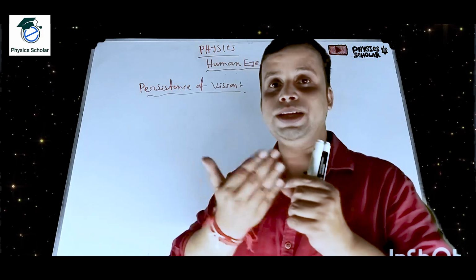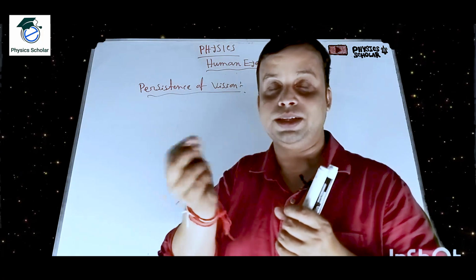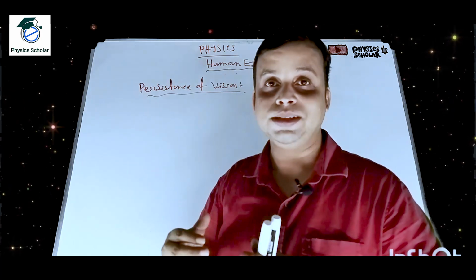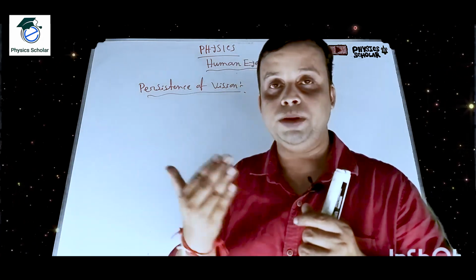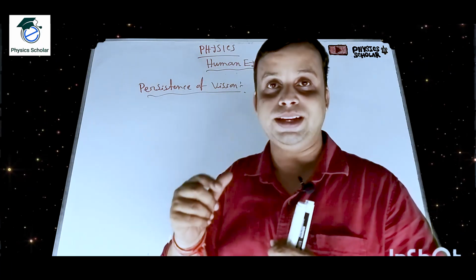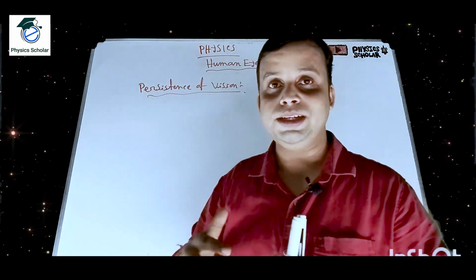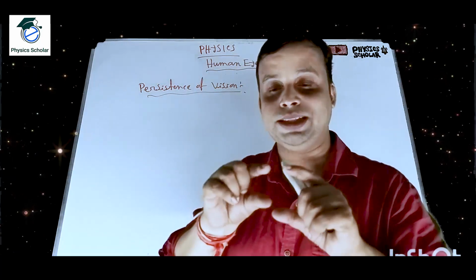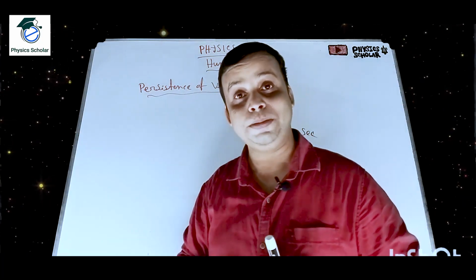And if they come within 1/16 seconds in front of your eyes, first picture, second picture, third picture, fourth picture, very fast, then what will happen? Our brain cannot identify them separately, and the motion effect will start. We see the image in motion, but it is a still image.